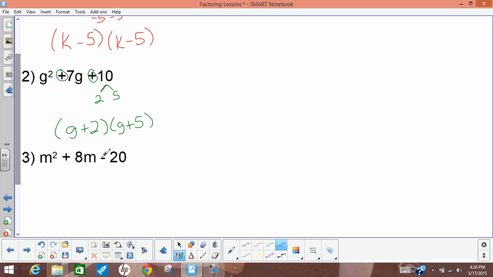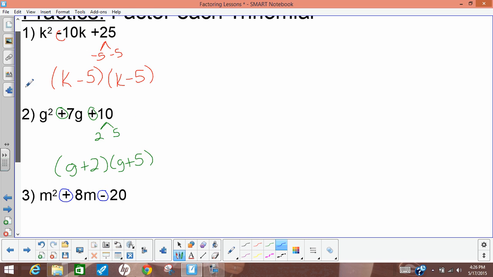Here, one factor is going to have to be positive and one is going to have to be negative. The clue there is that we need to multiply to be a negative and add to be a positive. So here are little clues to help you pick your factors. In the first one, when we had a negative b and a positive c, I need two negatives. When I have two positives, I need two positives.